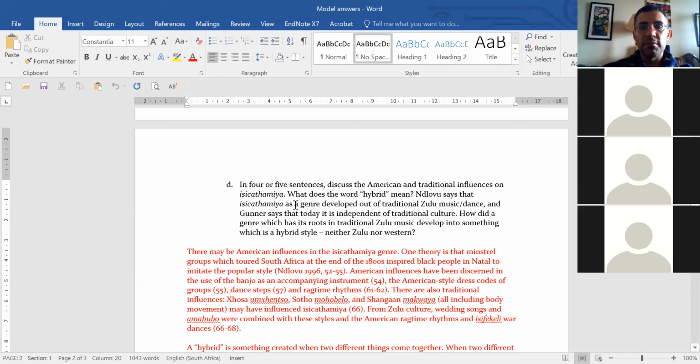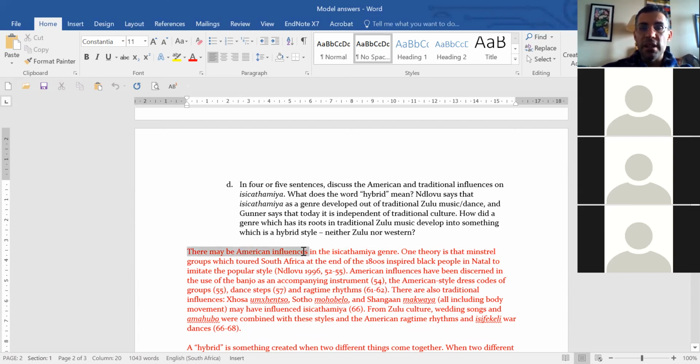Ndlovu says that isicathamiya is a genre developed out of traditional Zulu music and dance, and Gunner says that today it is independent of traditional culture. How did a genre, which has its roots in traditional Zulu music, develop into something which is a hybrid style, neither Zulu nor Western? Now, I want to show you how I went about answering this question.